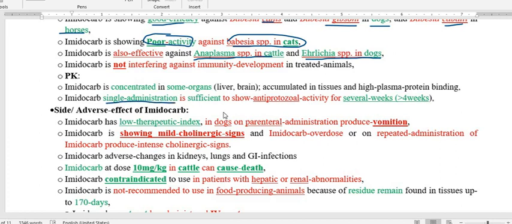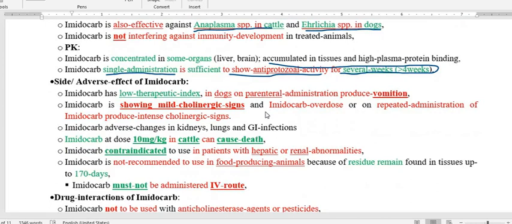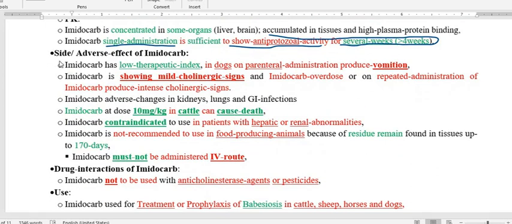Now some more points about imidocarb. After a single administration, it shows sufficient antiprotozoal activity for several weeks, more than 4 weeks. So its efficacy persists for more than 4 weeks.